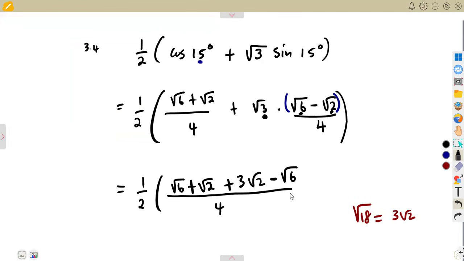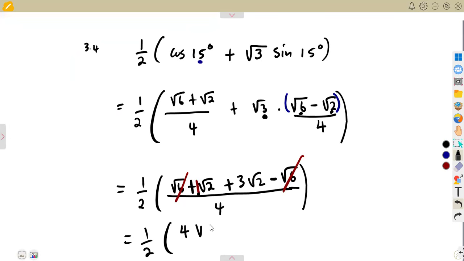So it was going to be minus square root of 6. So as we can see, we have got like terms here. Square root of 6 and square root of 6 can cancel. Square root of 2 and square root of 2, we can add our like terms. So that's 1 plus 3, which is 4, square root of 2 over 4.